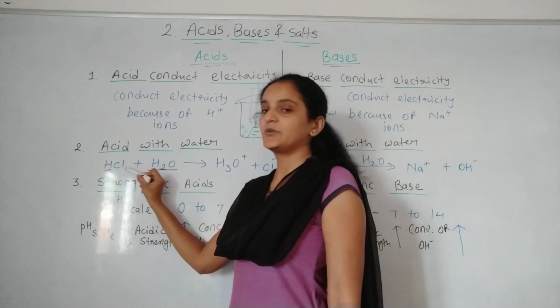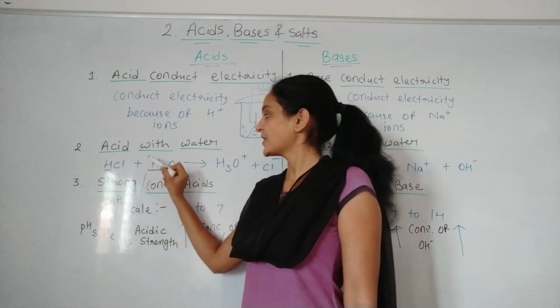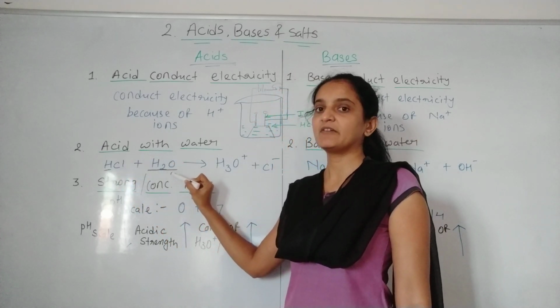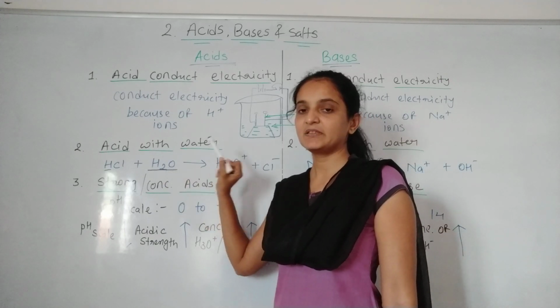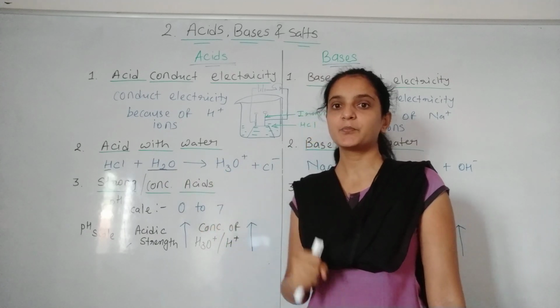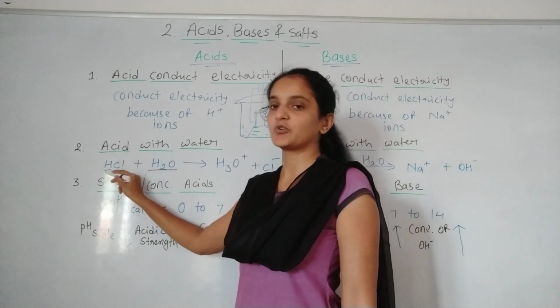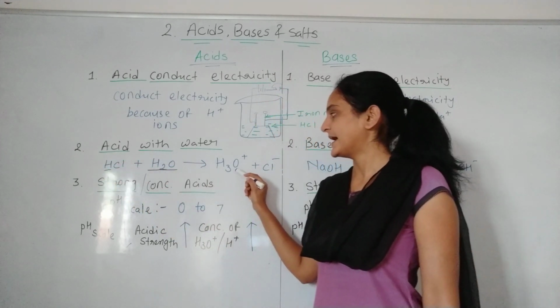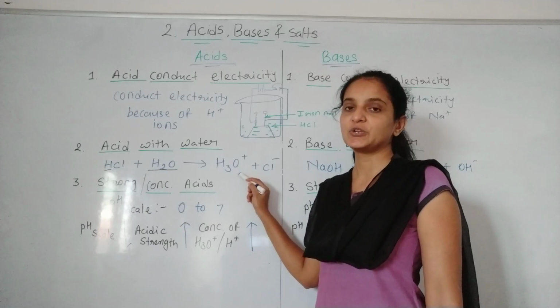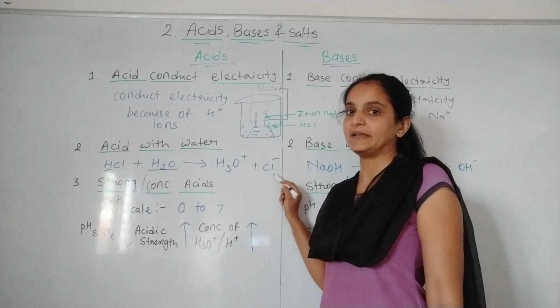We know hydrochloric acid is acidic in nature. With an acid, water behaves like a base, and a base has the tendency to abstract a proton. So this base will abstract the proton of hydrochloric acid and convert it into H3O+ and Cl-.